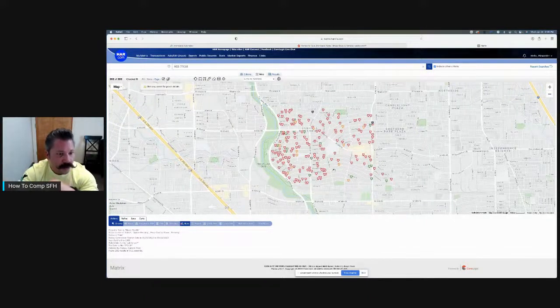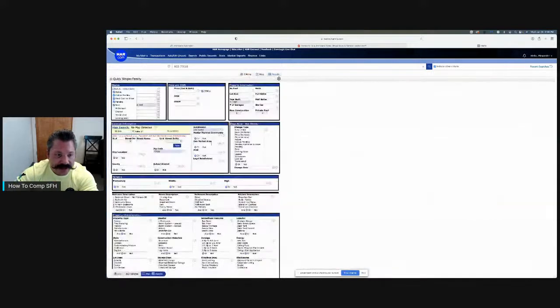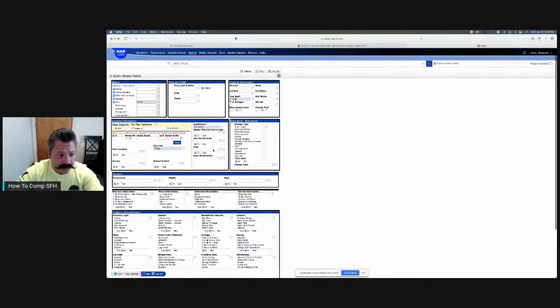So this property that I have looked at right here is 2,146 square feet. So I'm going to take 2,146 times 20%. I'm going to look at my comparable ranges, 20% plus or minus the square footage of the property. So minus, 2,146 is about 1,716. So I'm going to say, here we go.